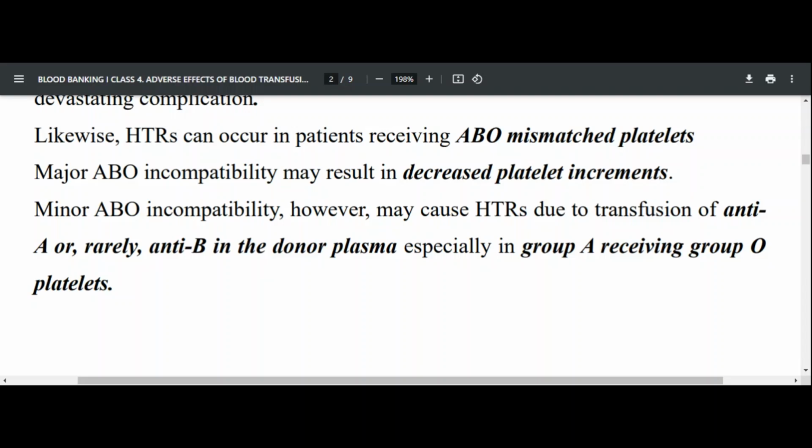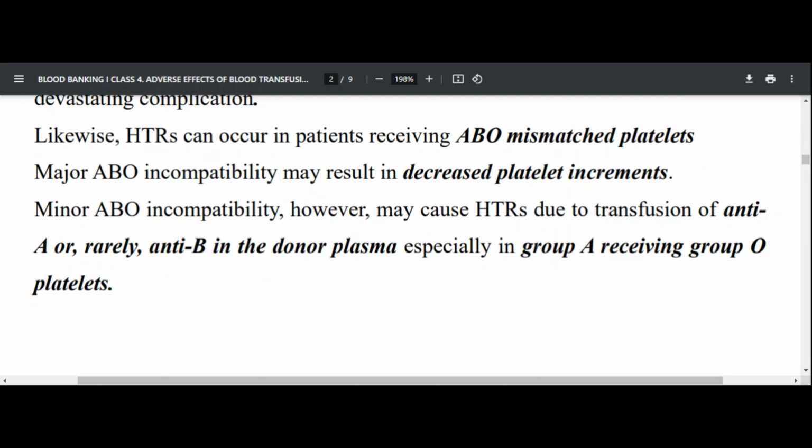That plasma can cause minor incompatibility, because we are transfusing antibodies to the patient with antigens. For example, we are transfusing group O platelets, and you remember group O plasma contains anti-A and anti-B.